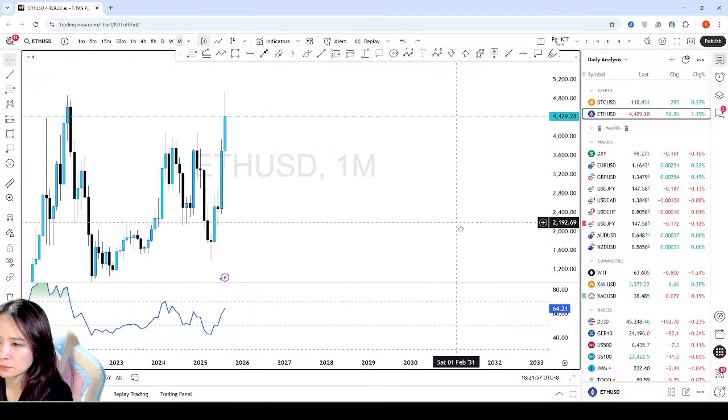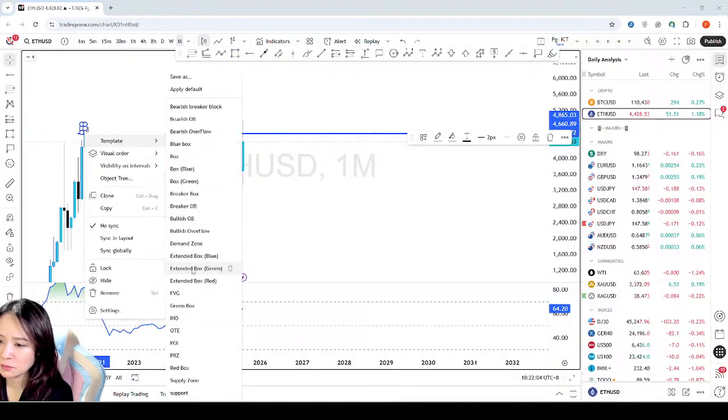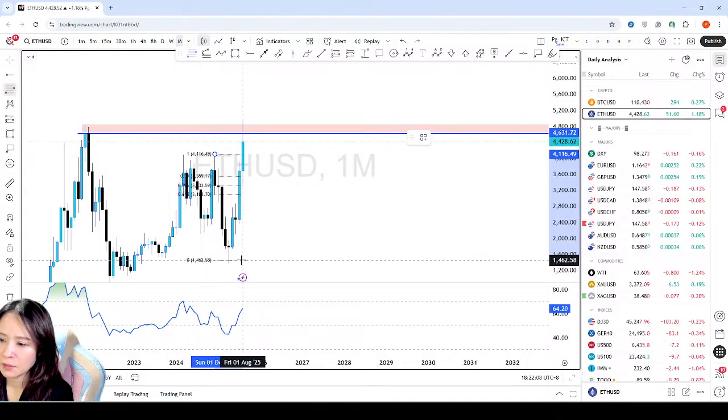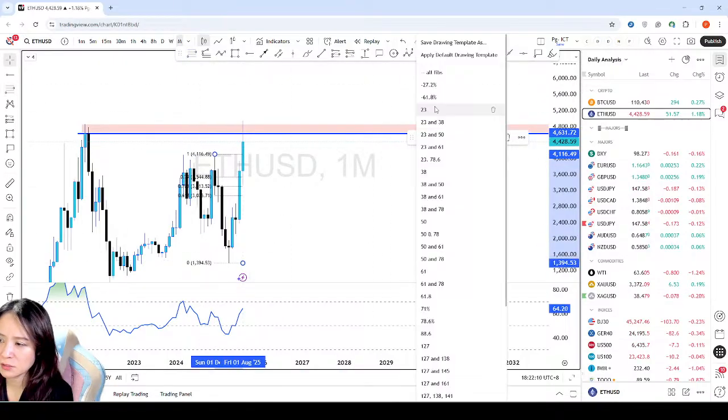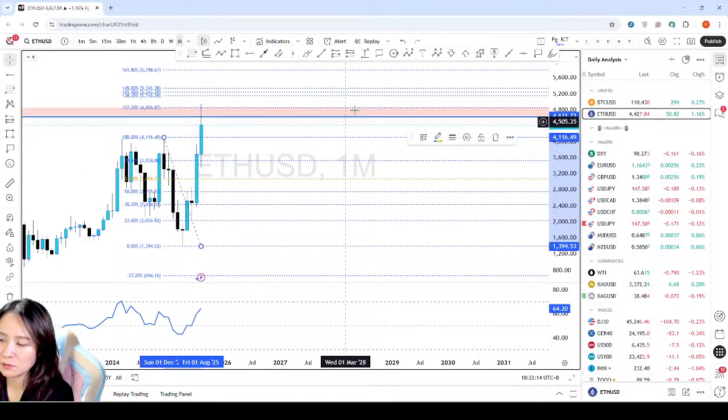This is a supply zone. Okay, that should be the extension, 127 for the monthly extension, correct?